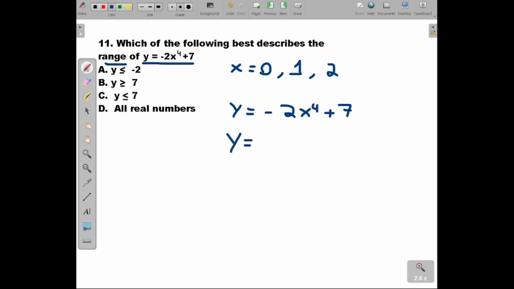Let's start with x equal to 0. Negative 2 times 0 to the power of 4 plus 7. So 0 to the power of 4 is 0 times negative 2 will be 0. And we have that y is equal to 7.